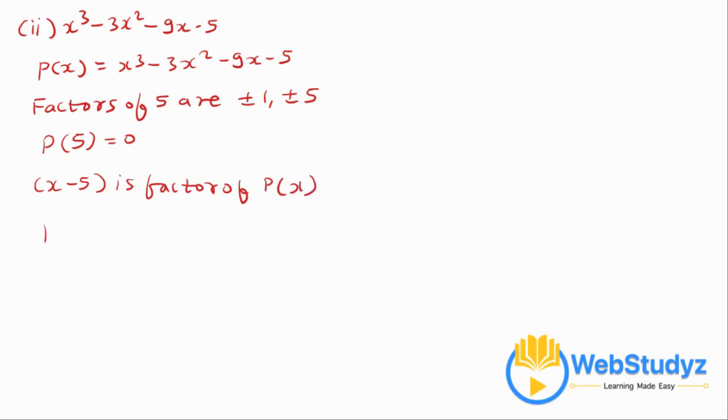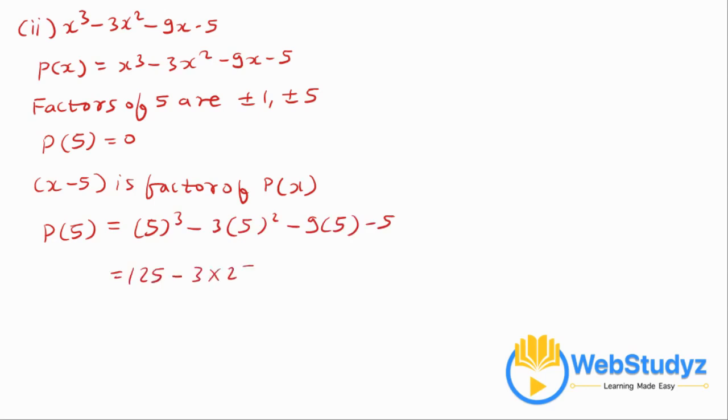Let's find out whether it is a factor or not. Let's put the value of x as 5. So putting the value of x as 5, we get 5 to the power 3 minus 3 into 5 to the power 2 minus 9 into 5 minus 5. This will be equal to 125 minus 3 into 25 minus 45 minus 5.